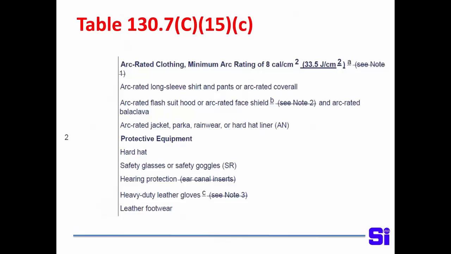130.7(C)(15)(C) really has not changed. We are adding the metric equivalent for all the values, where it says 8 cal per centimeter squared, it's 33.5 joules per centimeter squared. Any place that we have a metric value and a US value, the US value will always be stated first and the metric second.